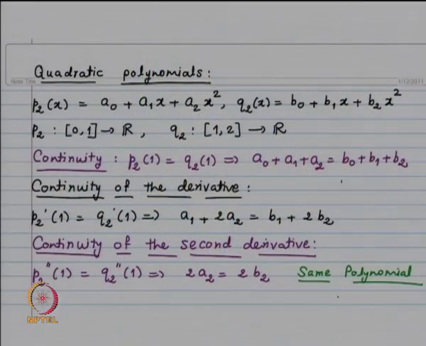So, when we demand the continuity or the continuity of the derivatives, then for each such demand, the degree of liberty gets reduced by 1. Here we had considered only 2 polynomials.